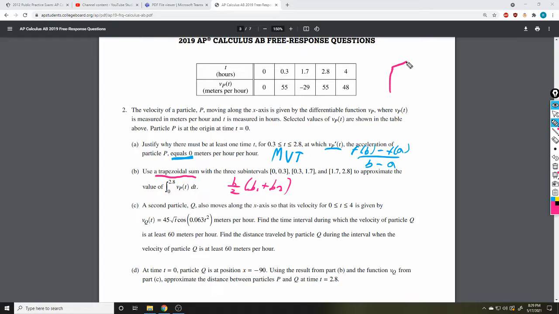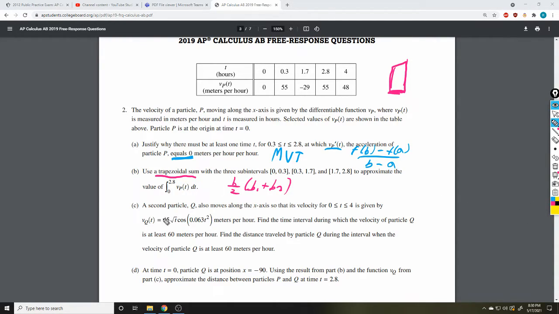And your trapezoids are going to end up looking something like this. Here's my bases, and then my height is my distance along the x-axis. And each of them are going to be different heights in my trapezoid. So I can't take a common factor out in this case. I have to treat each as an individual trapezoid.